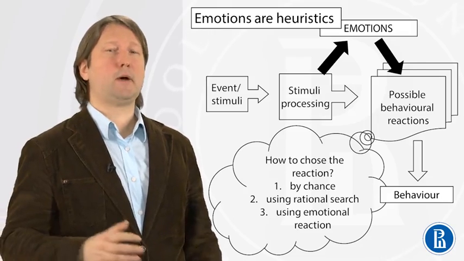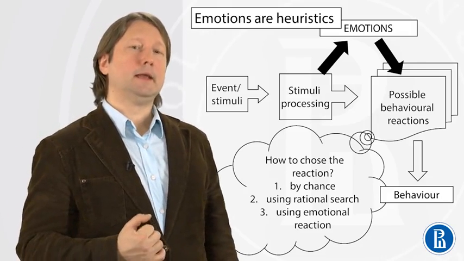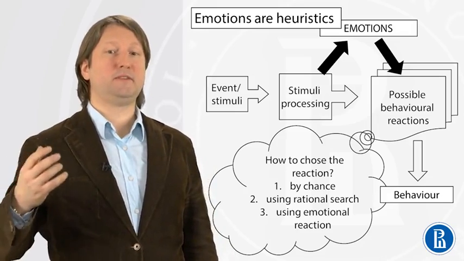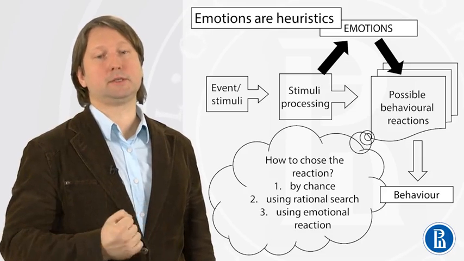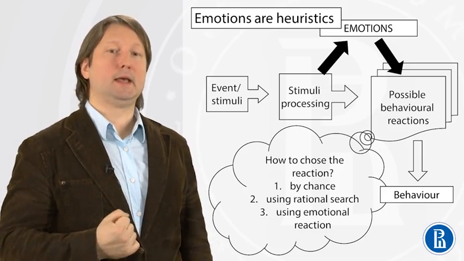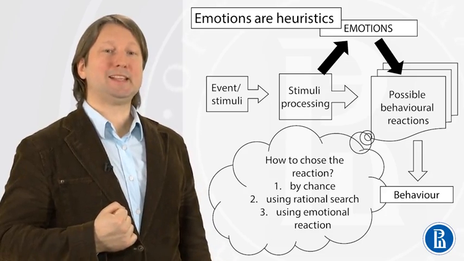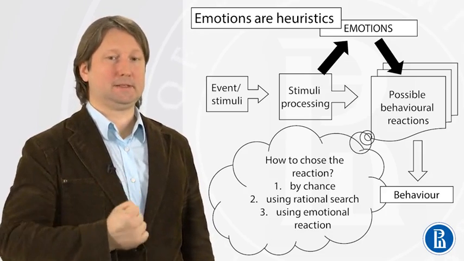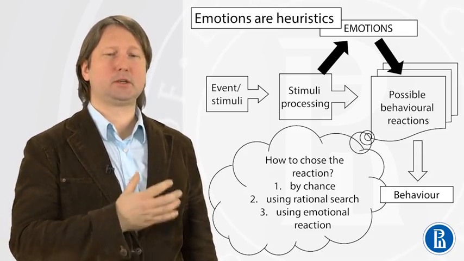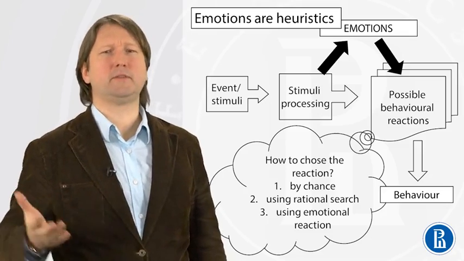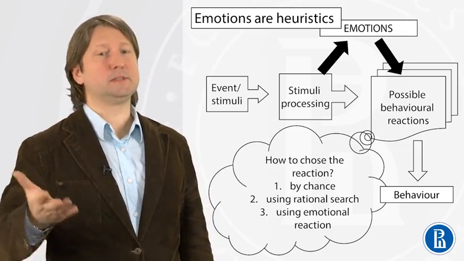So we can sum up this idea in this graph. When we face an event, our brain system, our cognitive system, processes the stimulus, and we can select an action to react to this stimulus. We can imagine different mechanisms. We can select an action by chance, but this is not a very effective way to make decisions, to select actions.